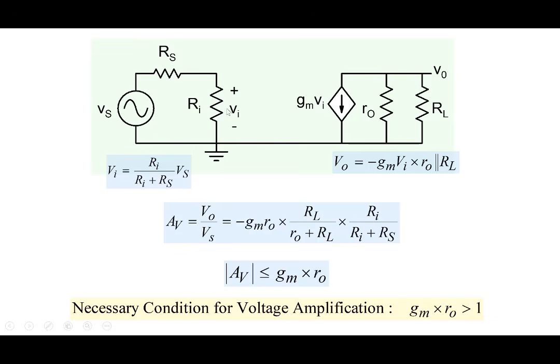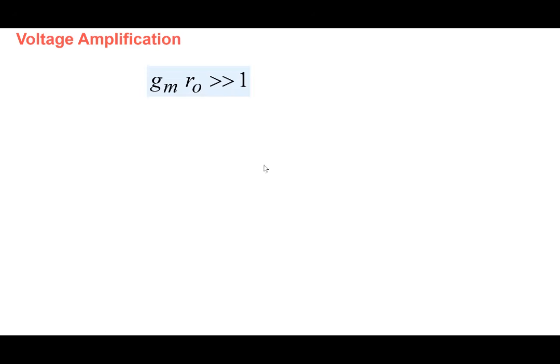So if this 3-terminal device, Ri, GM Vi, R0, obeys the condition GM R0 greater than 1, then we could use that device with some Rs and some RL, and we could obtain voltage amplification. We could get gain larger than 1.